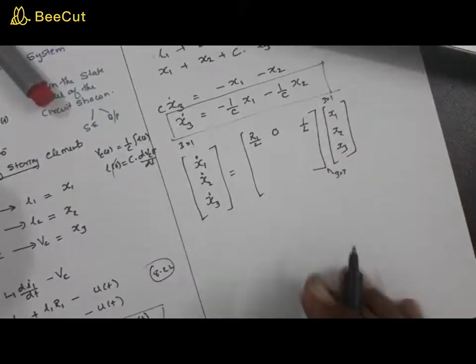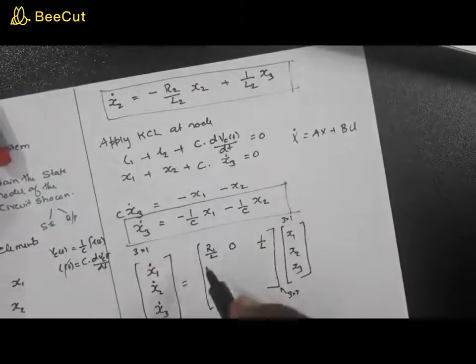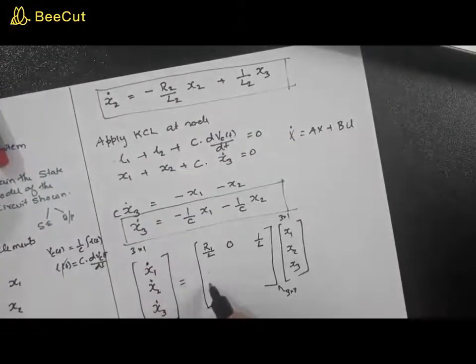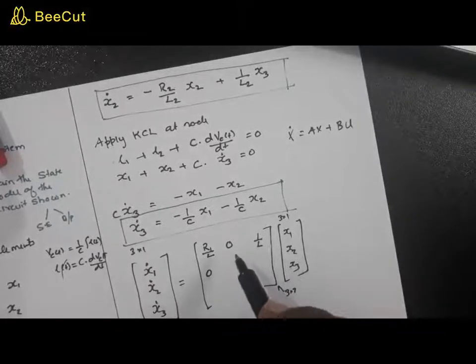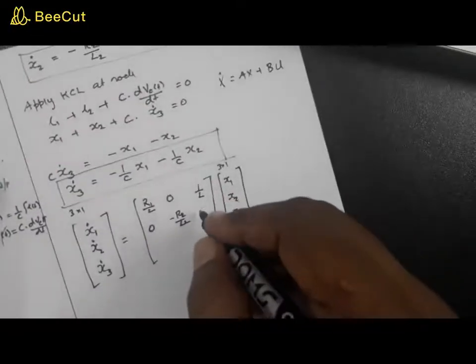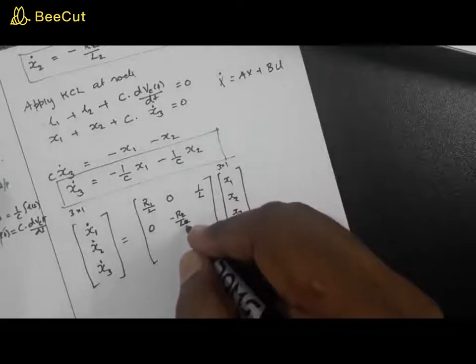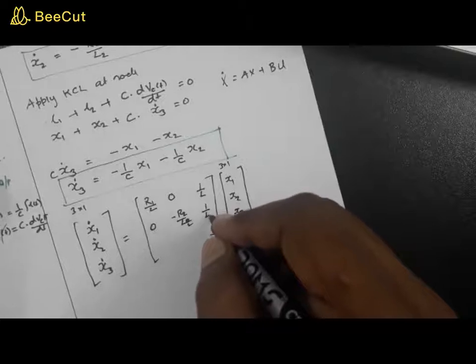1 by L. And when you come to the x2 dot part, you can see that the x1 is 0. So this is 0. Then x2 will be minus R2 by L2, and this will be 1 by L2.